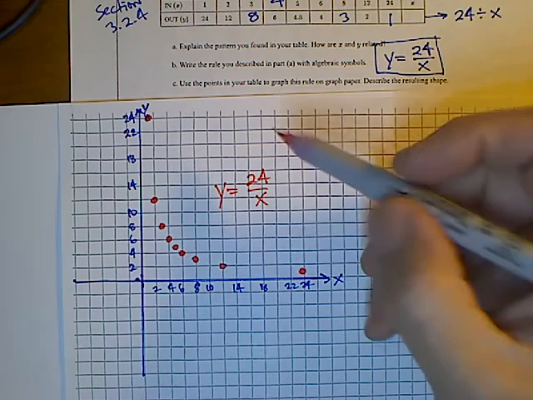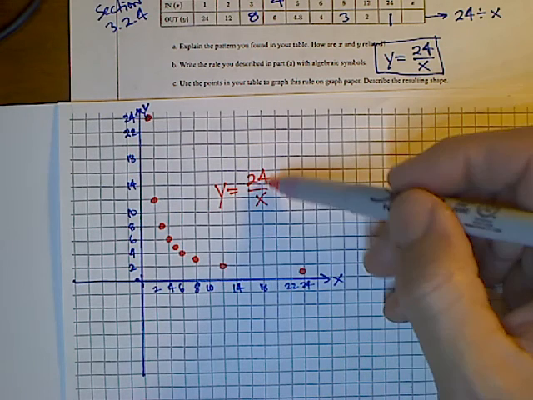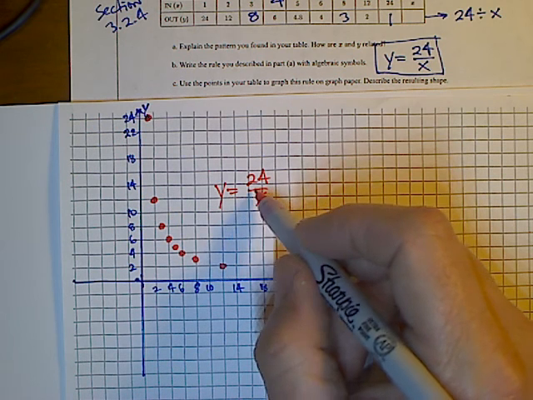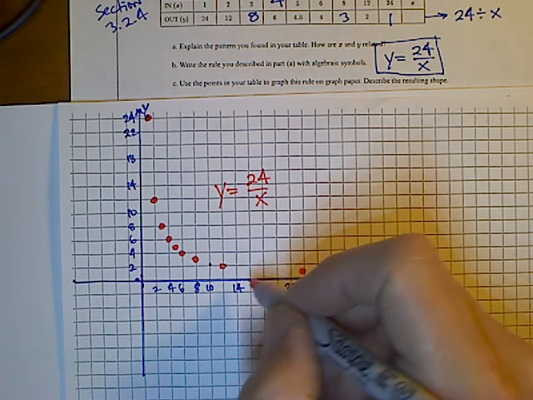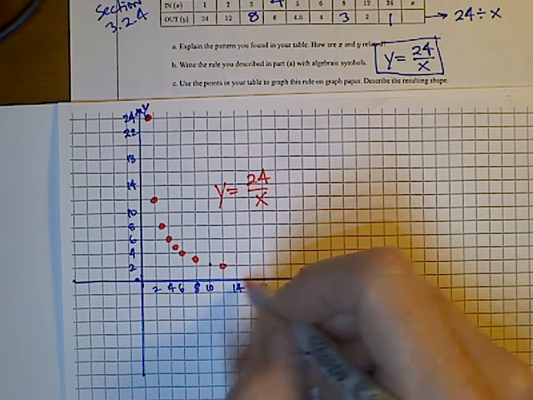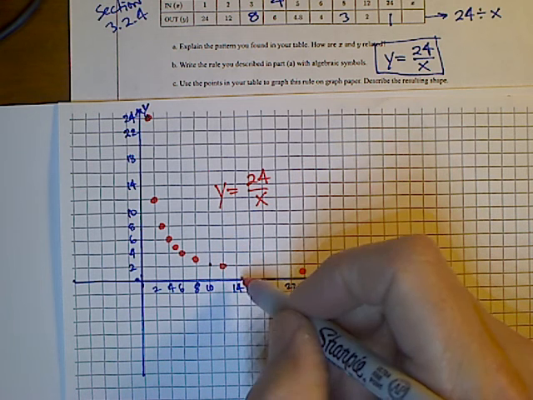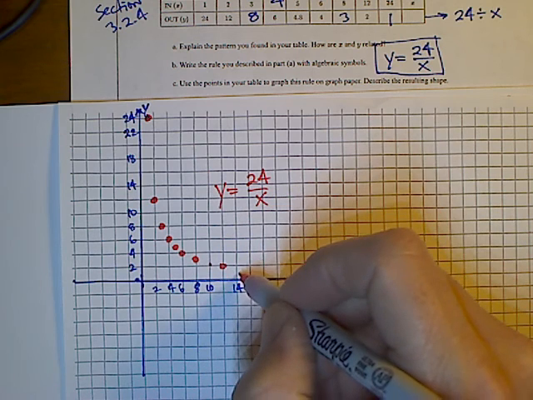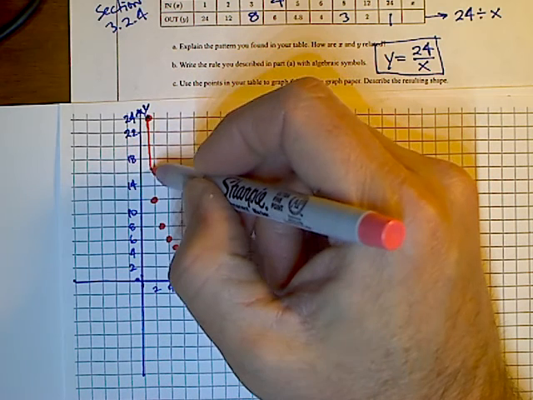So 3 on the x, 3 is between 2 and 4, and 8 on the y. 4 on the x, and 6 on the y. Let's see, 5 is in between 4 and 5 at 4.8, which looks like probably right about there. And then 6, 4 is here. 8, 3.